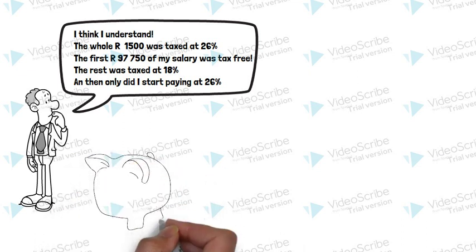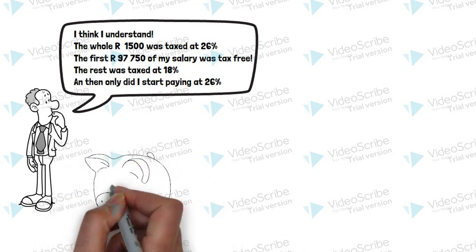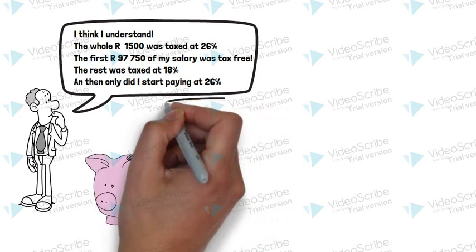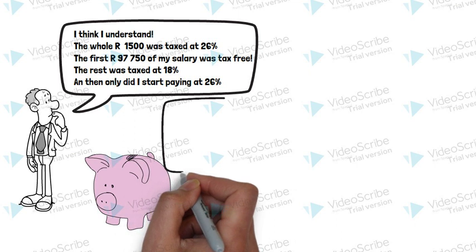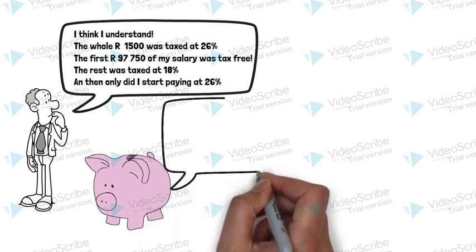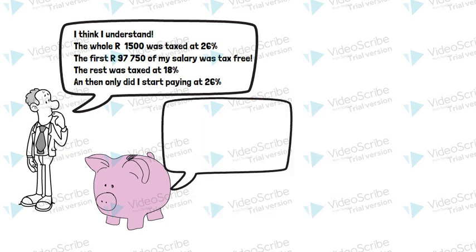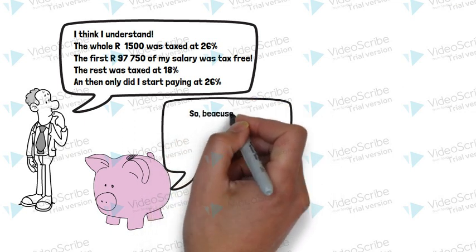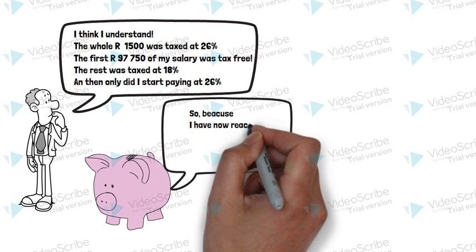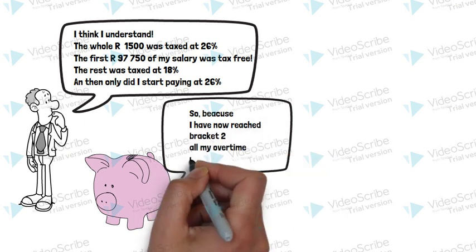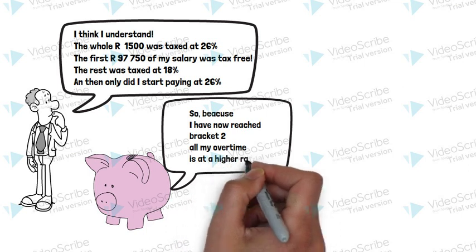When we spread this out equally, he effectively paid 10.92% tax. But because everything he earned from there on, like his overtime, will now be taxed at 26% in the second bracket. And so also a bonus if Bacon should earn one, or even an increase if Bacon should receive one.